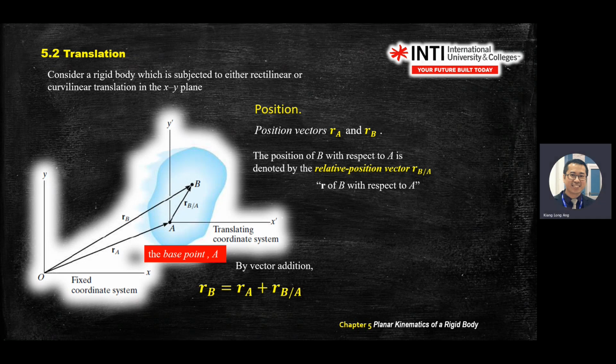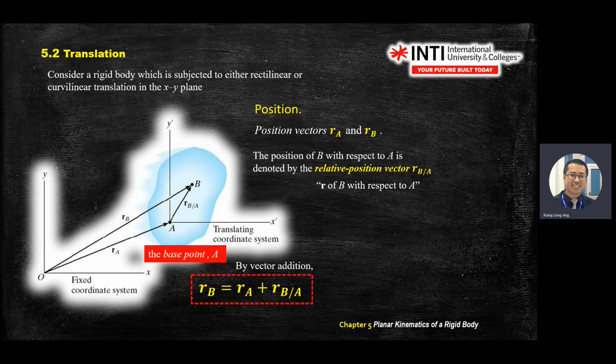So this one you also learned in chapter 1 or chapter 2. Same concept. Now the questions for chapter 5 will always ask you about this: what is the relative velocity or distance from one body, from one point to another point, or from one location to another location?